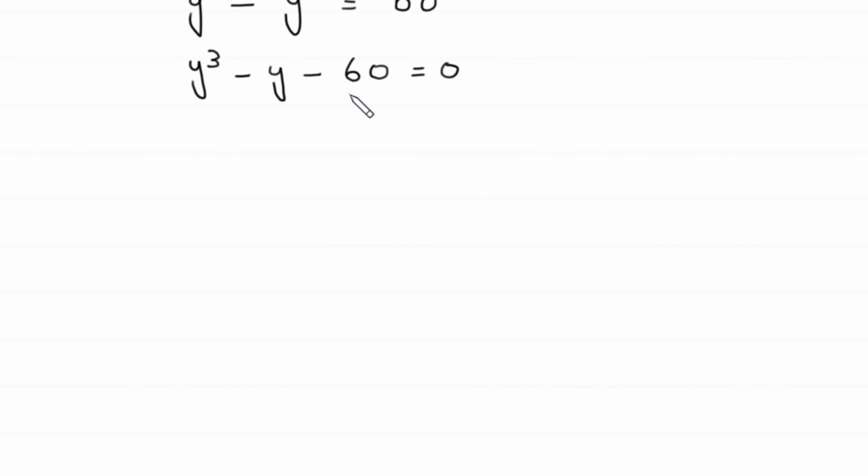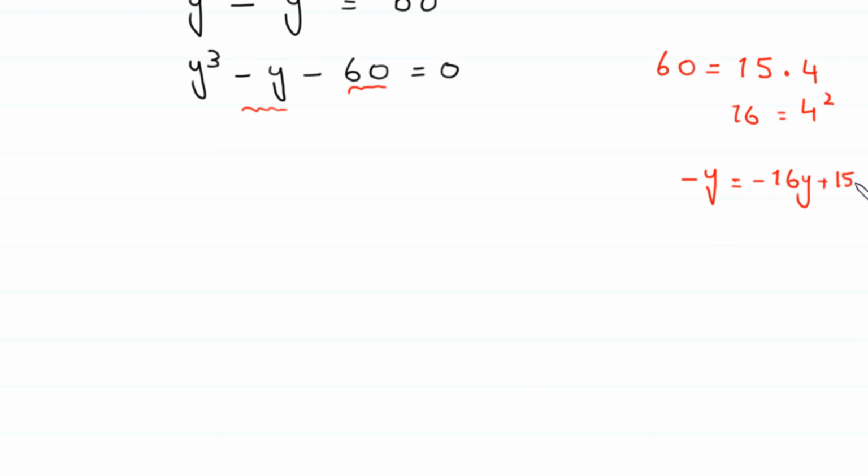Next, this 60 is equal to 15 times 4, and square of 4 is equal to 16. So we split this minus 1y as minus 16y plus 15y.